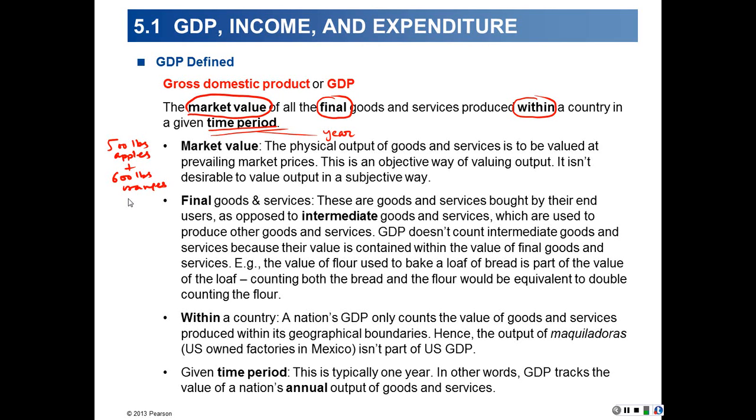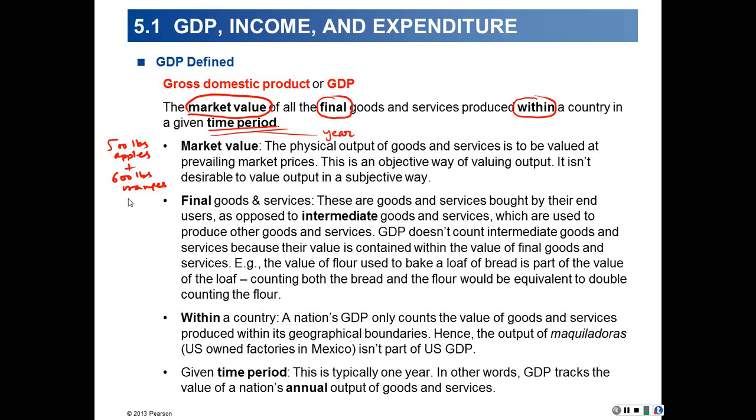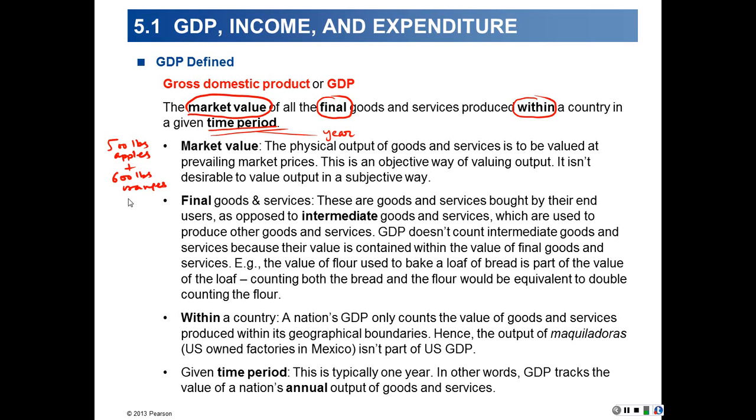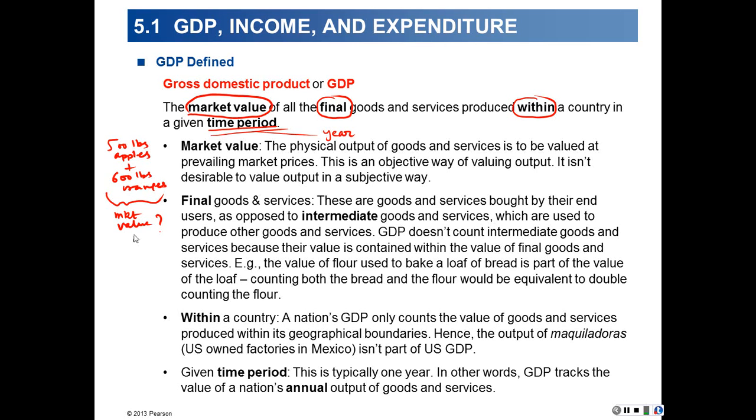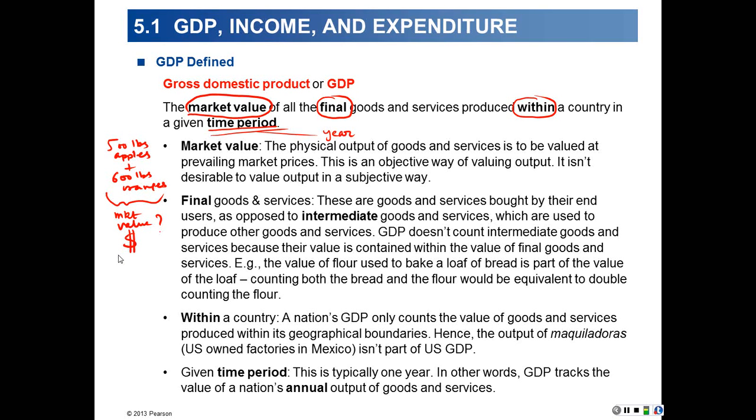Correct? According to this definition, the market value of these goods, how would we convert this? How would we convert this into market value? In other words, we need to convert these physical quantities that you see here, 500 pounds of apples, 600 pounds of oranges, into dollars, correct? And how do we go about doing this?